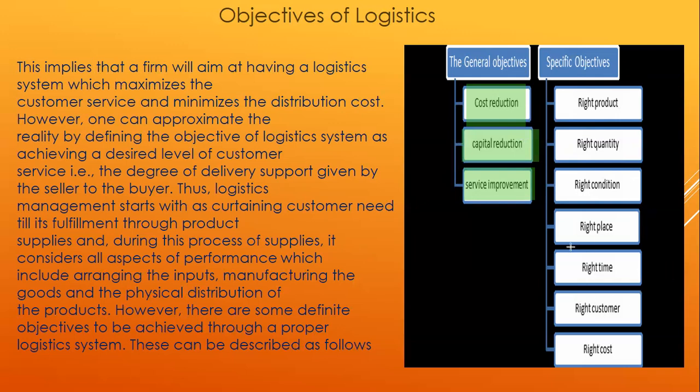This implies that a firm will aim to have a logistic system which will maximize customer service and minimize distribution cost. The customer is the main target, so you need to give the maximum level of service and minimize the distribution cost.